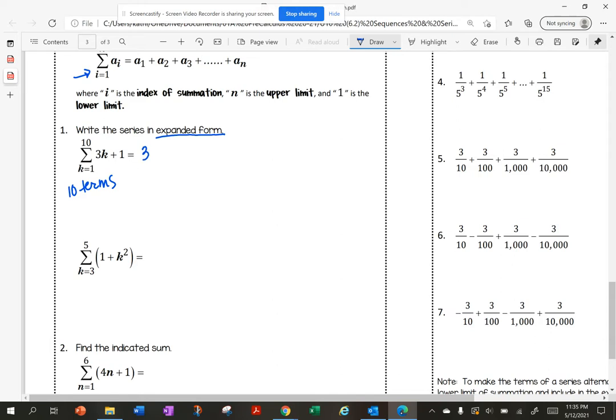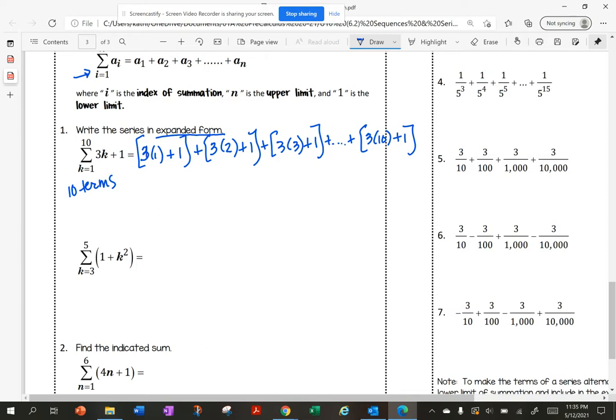I'm going to say 3, and I'm going to start with k equals 1. 3 times 1 plus 1, plus 3 times 2 plus 1, plus 3 times 3 plus 1. And I'm going all the way out to 3 times 10 plus 1.